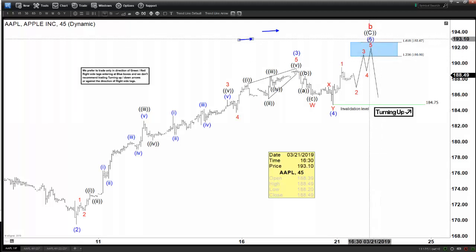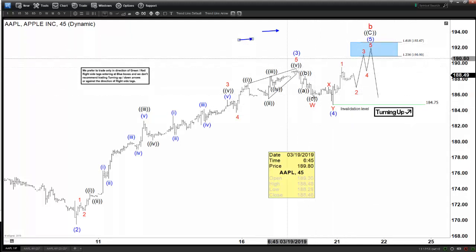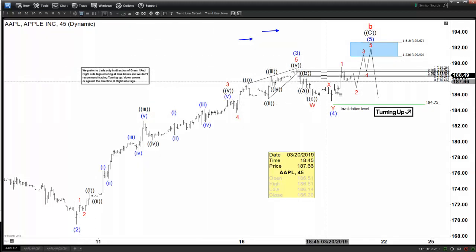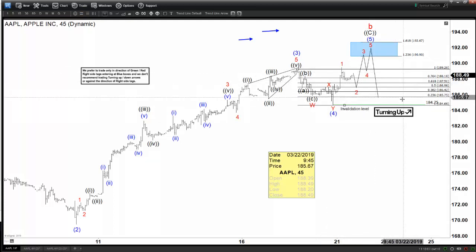Now wave 5 itself can be measured in many different ways. One of the ways to do it is using this external retracement of the wave 4, right? So if you do measure the retracement in the wave 4 like this, this is usually the typical retracement, like 50%, 61.8%, and so on.